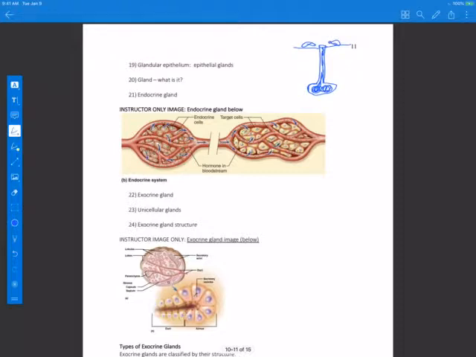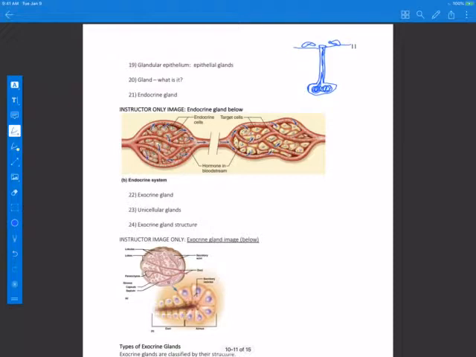So this could be releasing a substance into the digestive tract, or it could be releasing a substance onto the surface of the skin. An example of an exocrine gland could be an oil gland or a sweat gland in the skin. On the other hand, an endocrine gland doesn't have a duct.